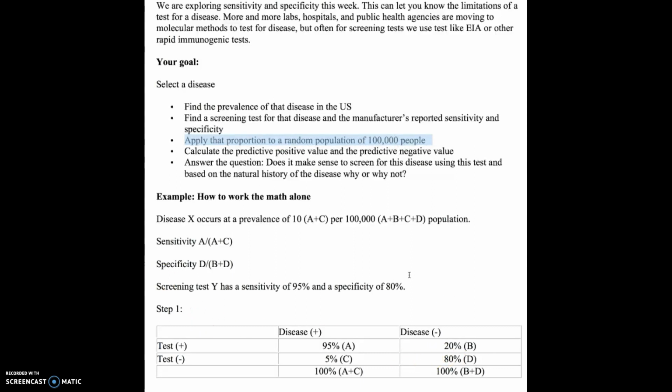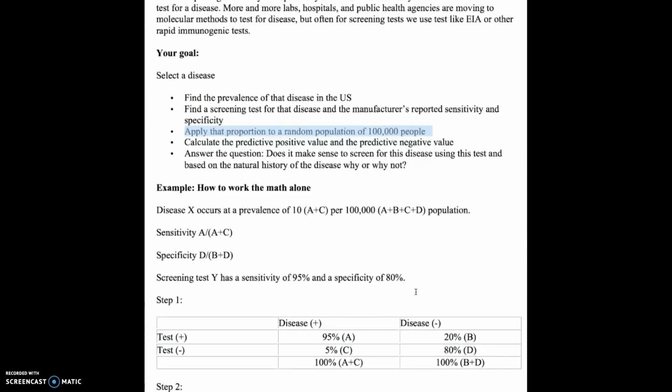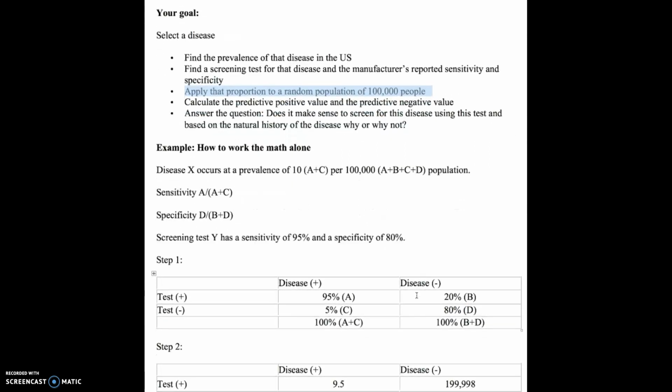So let's look at what that looks like down here. So, disease X. This is a made-up example. My prevalence rate is 10 per 100,000 population. And I have a table down here that gives you a breakdown of how to input the numbers. 10 is everybody with the disease.